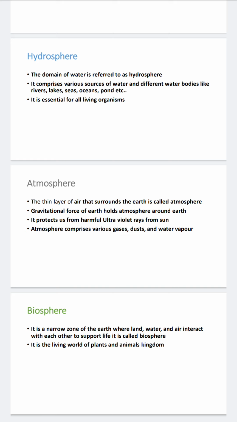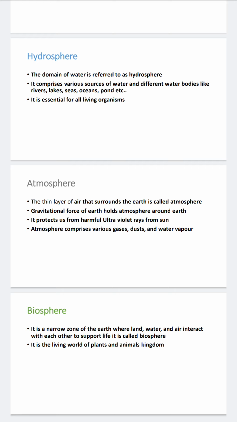It is the living kingdom, the living world of plants and animals, of every species. It is together with the other three domains, lithosphere, hydrosphere and atmosphere, that it makes up the environment. It provides a living space for all organisms.